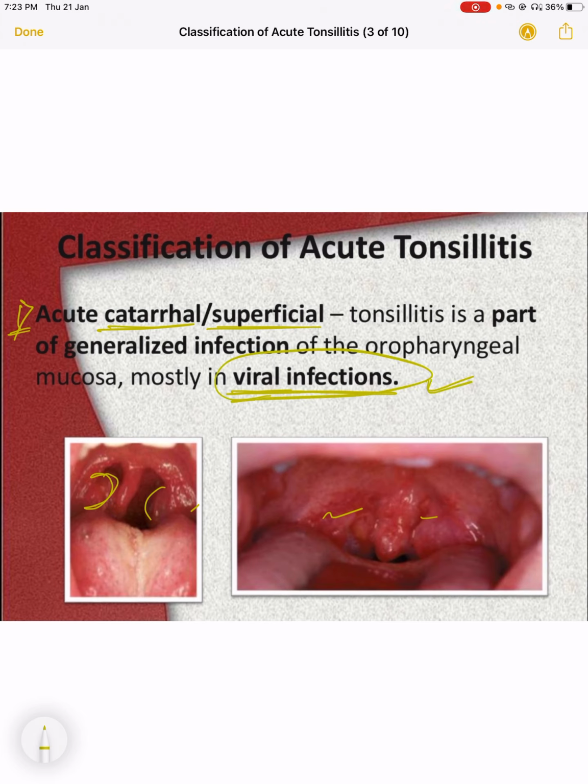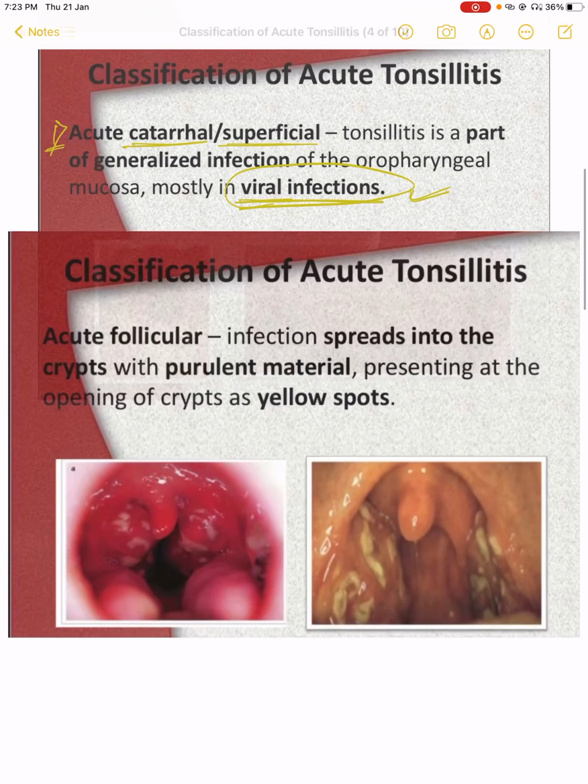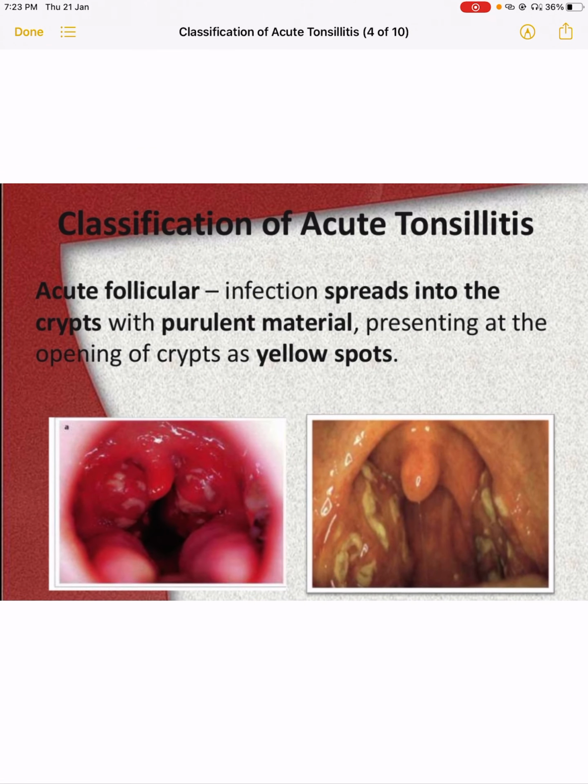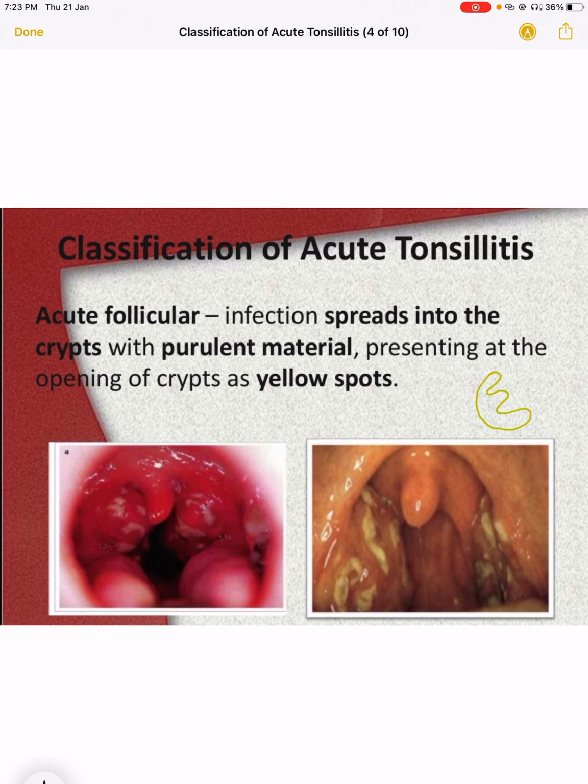Then the second stage is acute follicular tonsillitis. Okay, I think you should know about the tonsil. These are the tonsillar crypts. Okay, this is the tonsil, and these are the tonsillar crypts. The infection goes towards the crypts, so the purulent material is present in the crypt region, looking like a whitish appearance.